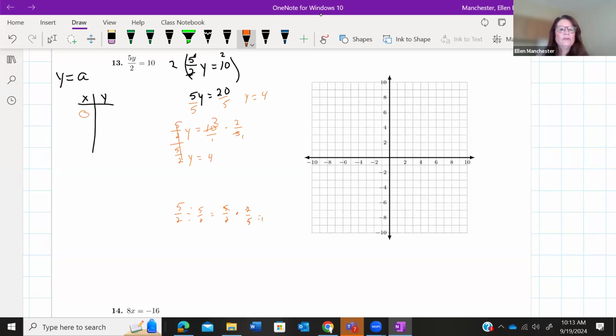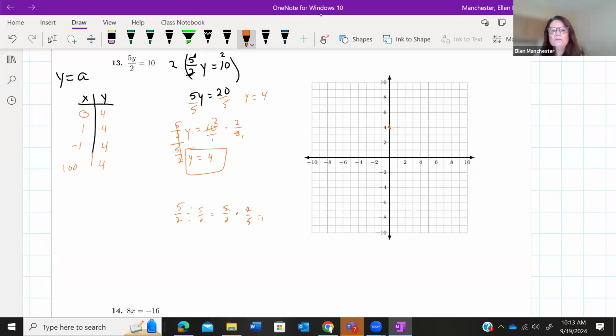If x is 0, y is 4. If x is 1, y is 4. Because what this is saying is y is 4 every single time. If x is -1, y is 4. If x is 100, y is going to be 4. All right, so if you graph that, when x is 0, y is 4.